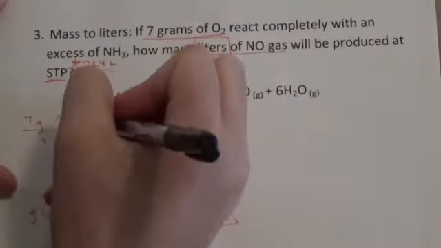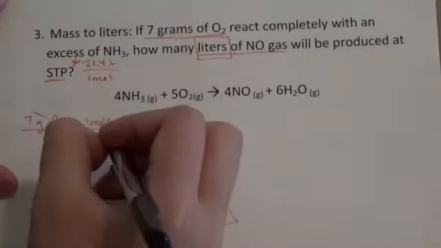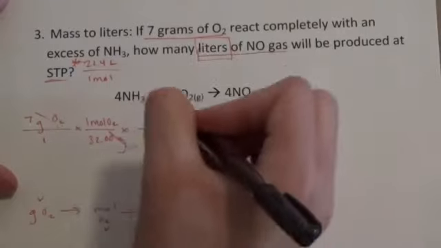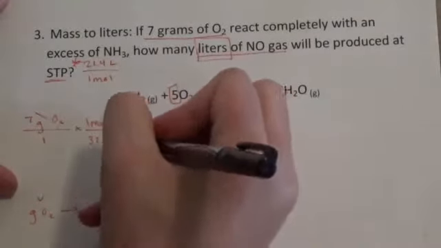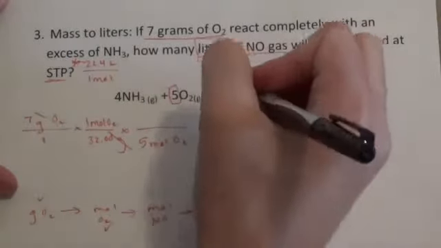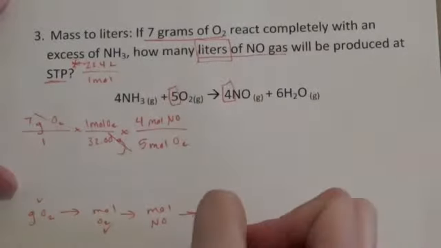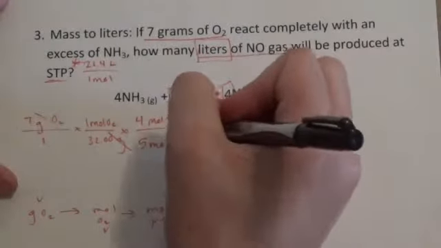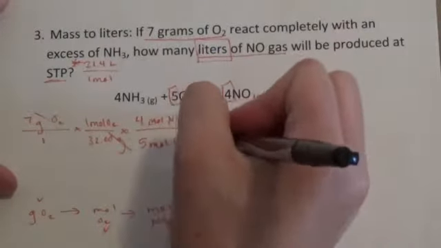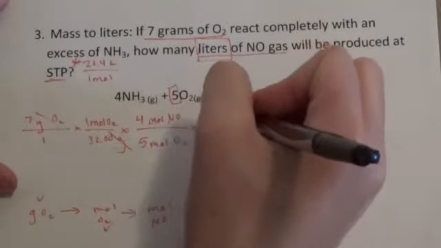1 mole. So we took our grams, got our moles, these units cancel out. Next, we're going to use our molar ratios from up here. So here we got the 5 moles of oxygen, and since we want NO, we got 4 moles over here. And then we want liters ultimately. So we come over here, we already have moles NO, and that's going to go on the bottom over here. So 1 mole of NO, you're going to have 22.4 liters.